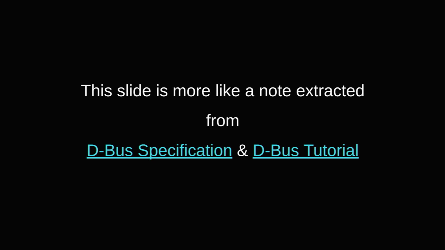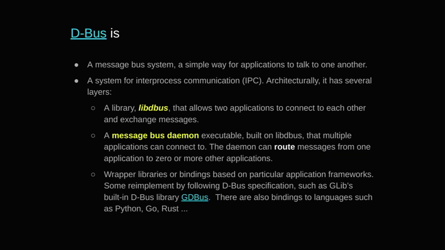Before we get into D-Bus deeper, this slide is more like a note extracted from the D-Bus specification and D-Bus tutorial. When we're talking about D-Bus, it might be the D-Bus specification or the message bus system. It includes a library, libdbus, and a message bus daemon. It is an executable built on libdbus that multiple applications can connect to.